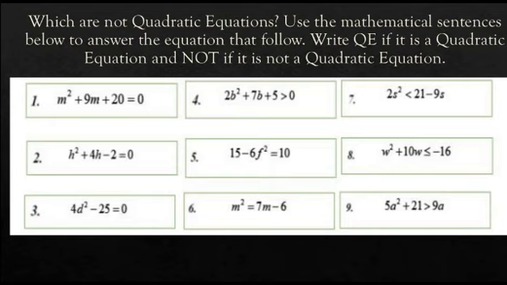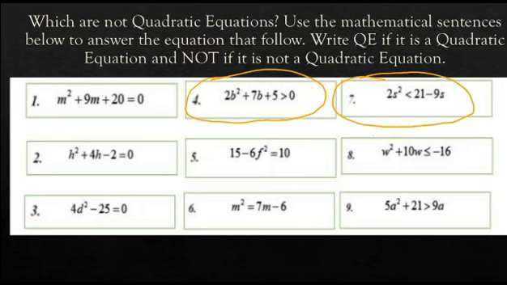Okay, time is up. So let us now encircle those mathematical sentences that are not quadratic. So starting with 4, 7, 8, and 9.